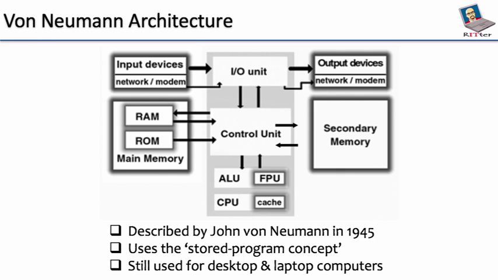The big advantage that this architecture had over others around at the time was that it used the stored program concept. In other words, it had this memory capability to keep the program that a computer needed to run in memory, so that you weren't having to continually load it.